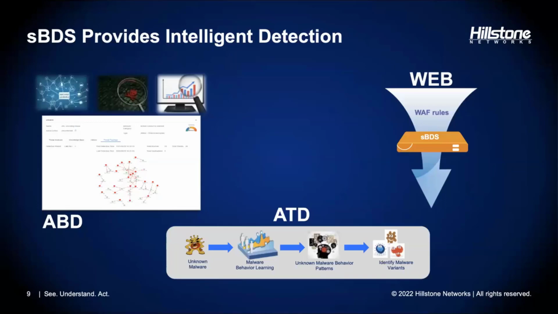Through this comprehensive detection capability, SBDS is effectively able to provide layer 2 to layer 7 protection, greatly building the resilience of your critical server protection strategy.